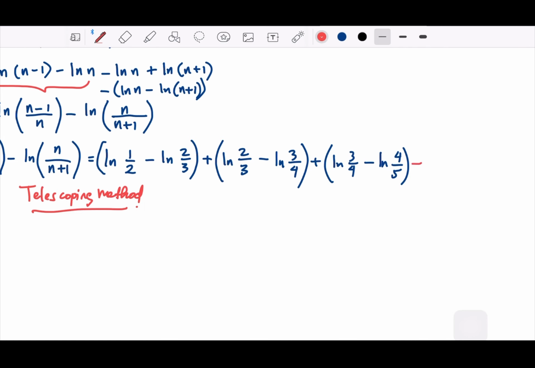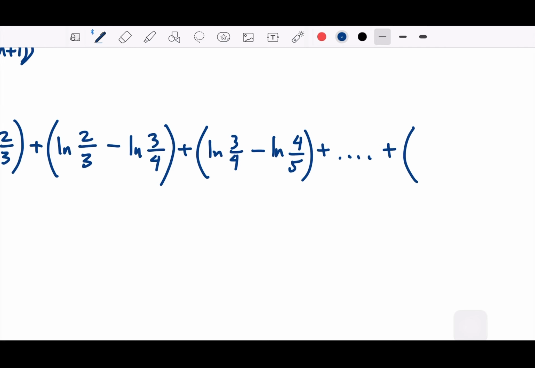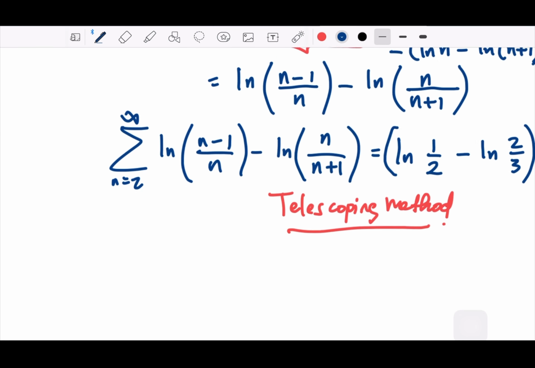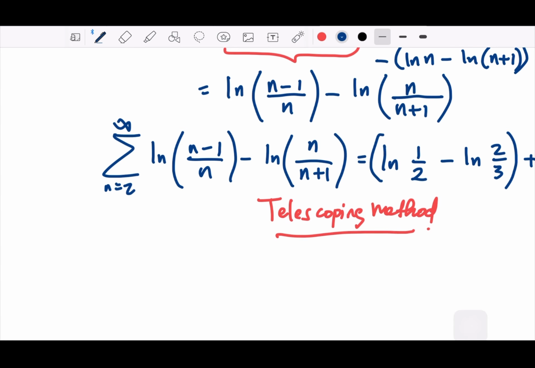So we can have plus the very end. Let me just choose some n. Or maybe if this is quite ambiguous, if we have this limit, then maybe we can take the integer k.